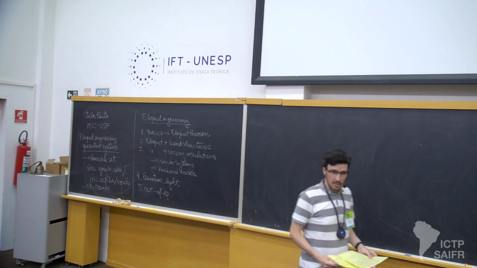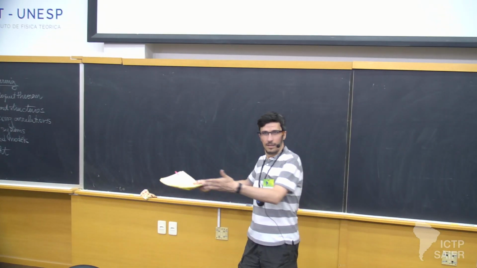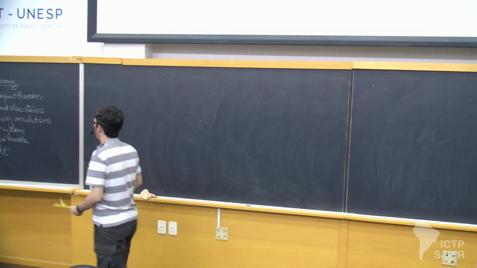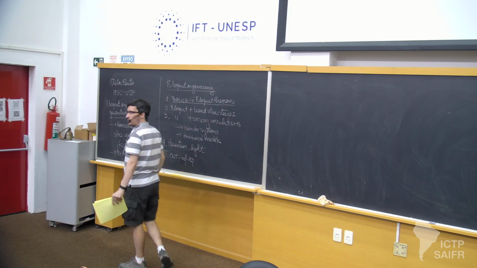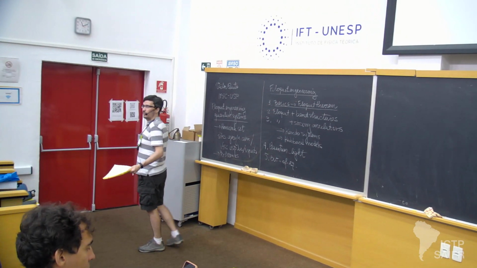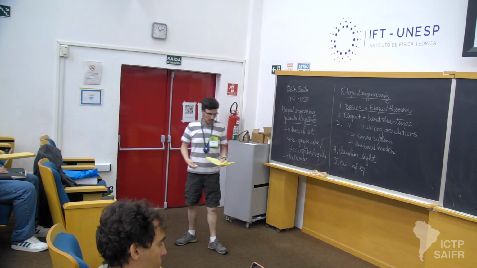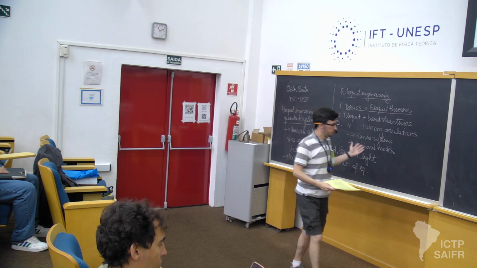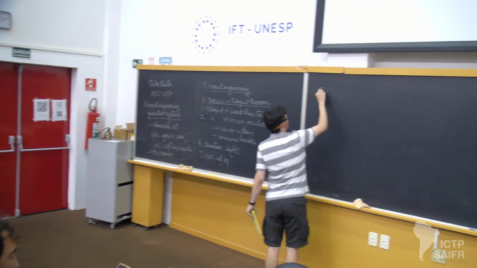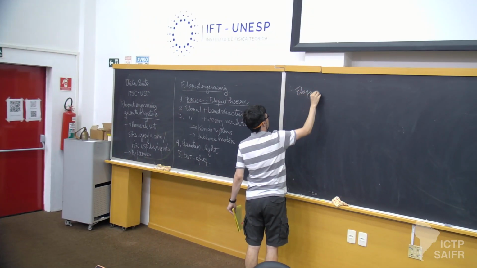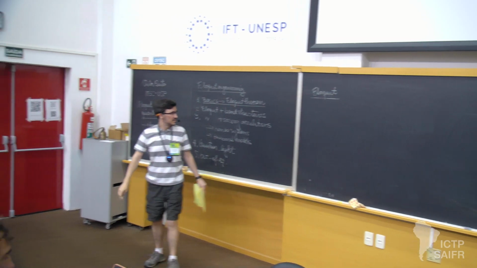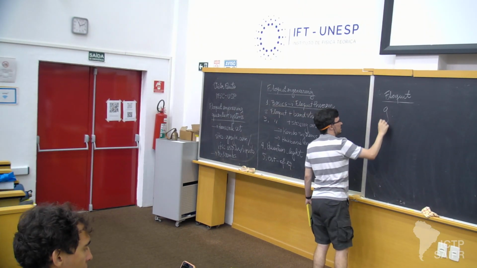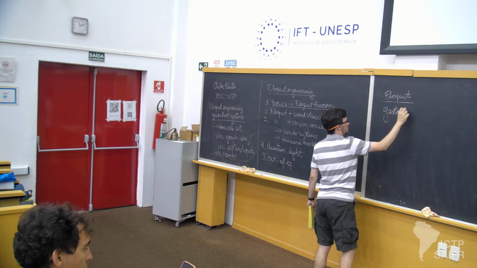Now let's start talking about topic number one. So topic number one is the basics of this field. As I was telling you before, maybe you are not familiar with the concept of Floquet engineering. So let me start by introducing you to who Floquet is. This name Floquet comes from a French mathematician. His name is Gaston Floquet.